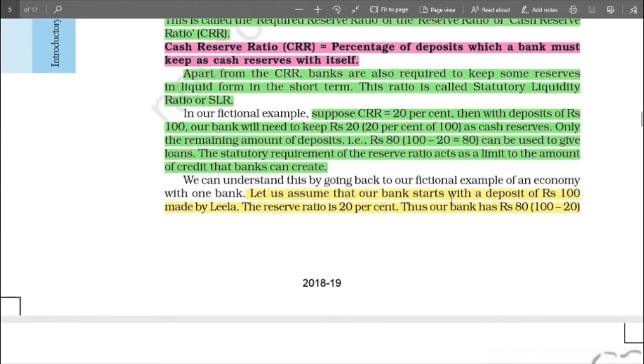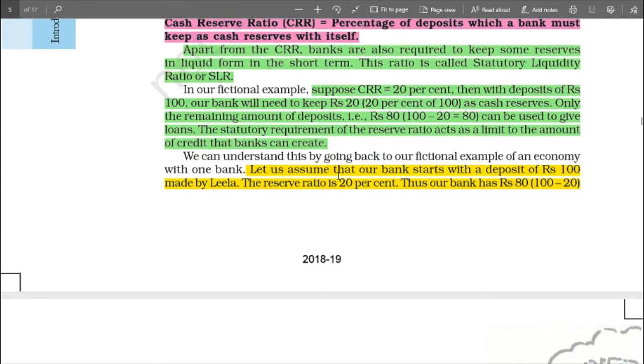Suppose there is a CRR, and let's go to these yellow highlighted paragraphs. Let's assume that our bank starts with a deposit of 100 deposited by Miss X, and assume that the CRR is 20%. The Reserve Bank stated that as a rule they have to keep as a reserve 20% of the deposit before they lend out.